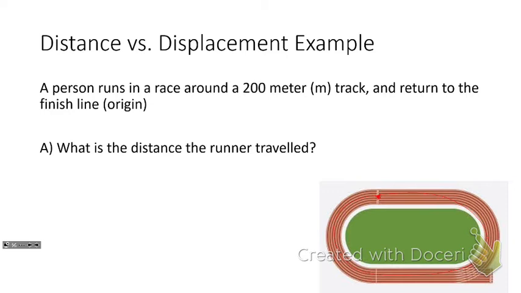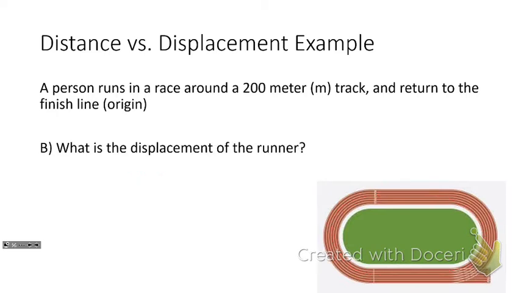First question: how far has the runner traveled? What was the distance the runner traveled? Yeah, 200 meters. So distance, delta D, no vector hat, is equal to 200 meters, because that runner went around the track one time, 200 meters in length, and returned to the origin.